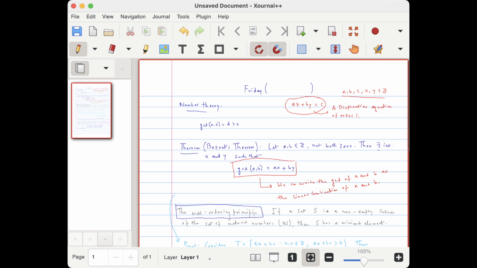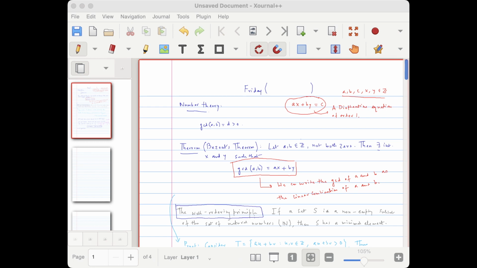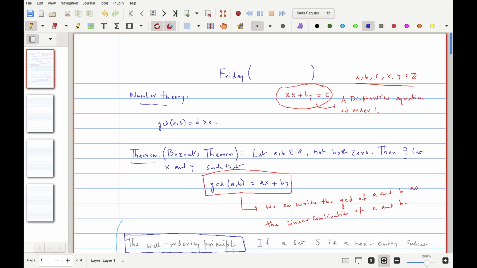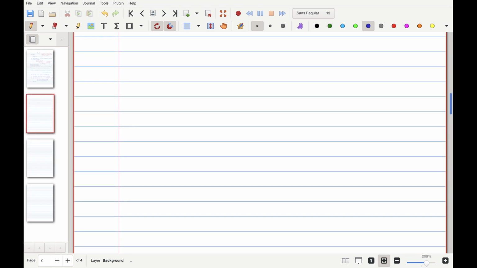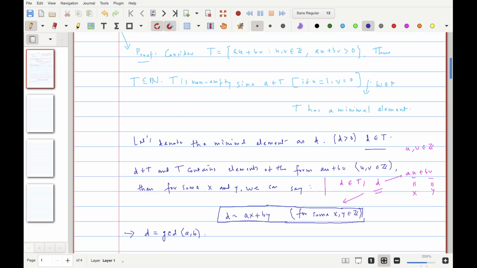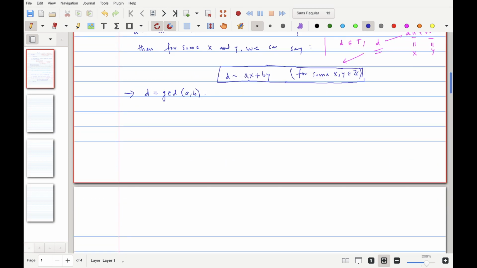Take some time to scan it. Okay. Now, since you have grasped the basics well, let us get back to the proof we have in hand right now.